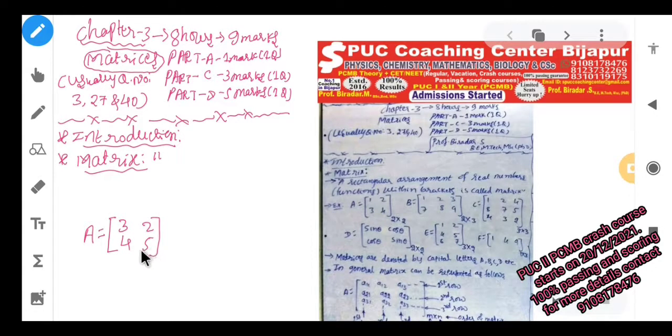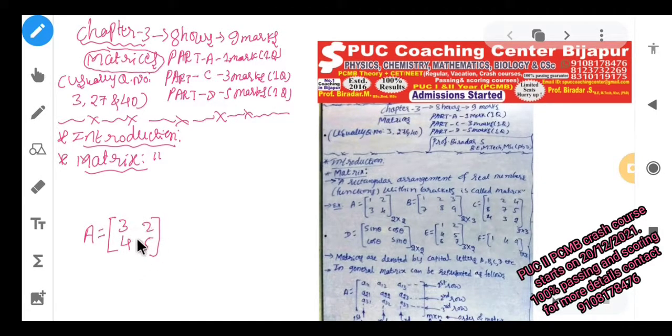Okay, so this is an example of a matrix. Whatever we wrote here, 3 2 4 5, these are called elements of the matrix. Usually these elements are either real numbers or real functions. Whatever we arranged in a horizontal way we call a row, and a vertical arrangement we call a column.